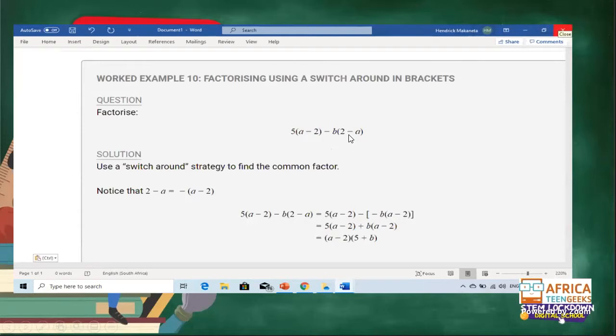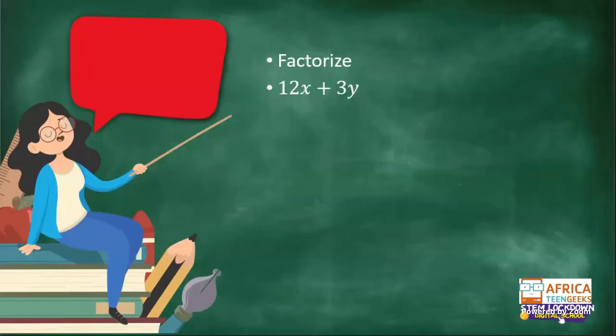The 2 minus a, you can just multiply everything by negative, and then it will affect this negative, which will be plus. So you'll have 5 into a minus 2 plus b into a minus 2, as we have there. And a minus 2 becomes the common factor there. And then once you take it out, you'll be left with 5 plus b. We have done this before.